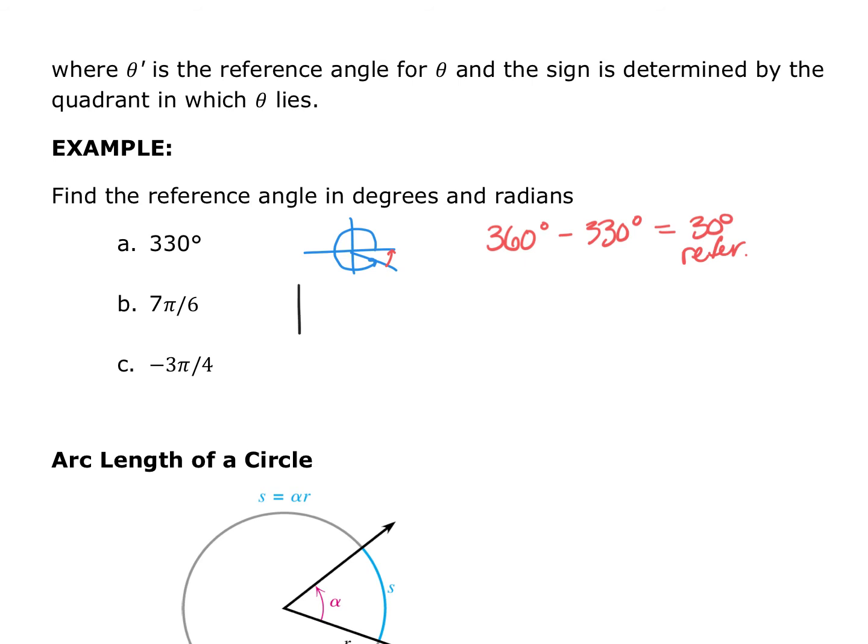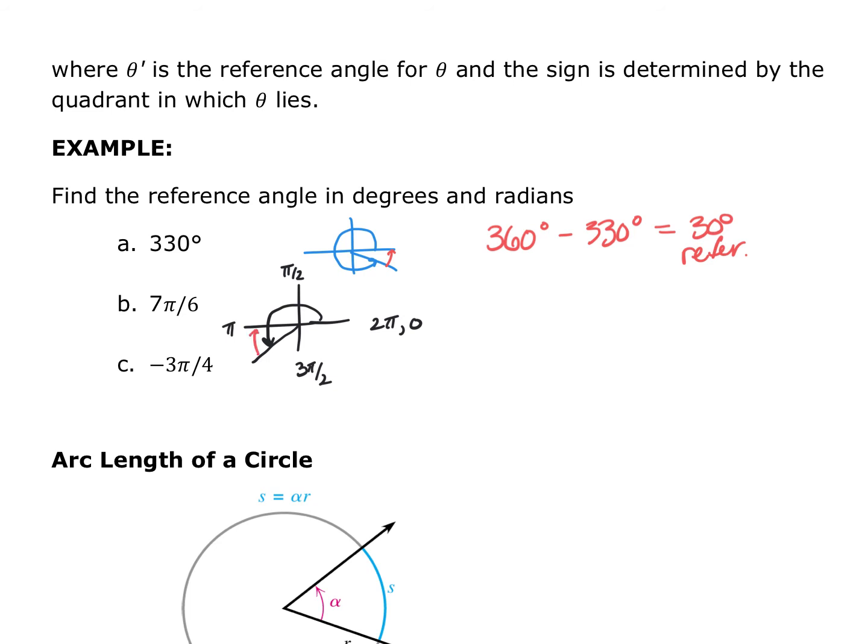7 pi over 6. Well, now remember, this is pi over 2, this is pi, this is 3 pi over 2, and then we're back to 2 pi, and also 0. So 3 pi over 2, ignoring the pi, is 1.5. 7 over 6 is 1 1/6. So that's clearly more than 1.5. So I am down here somewhere. So here is my angle. For my reference angle, I need to go backwards, back to the x-axis.